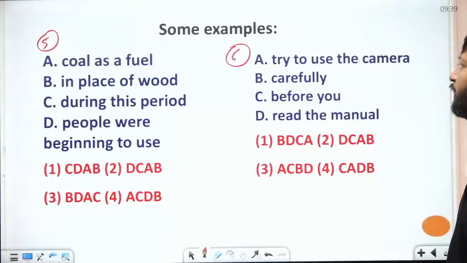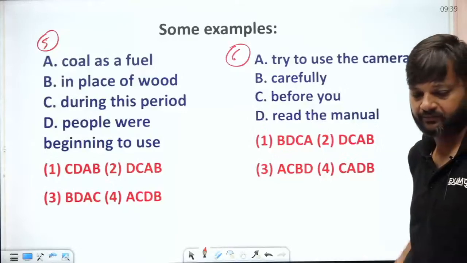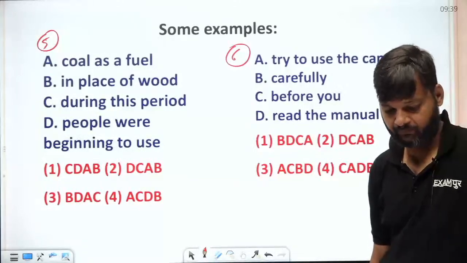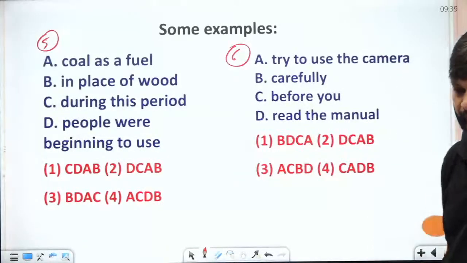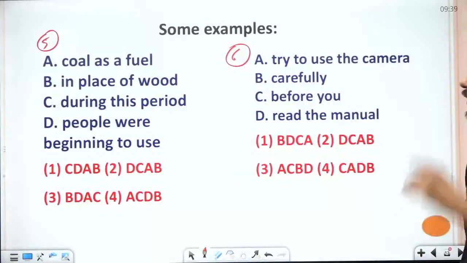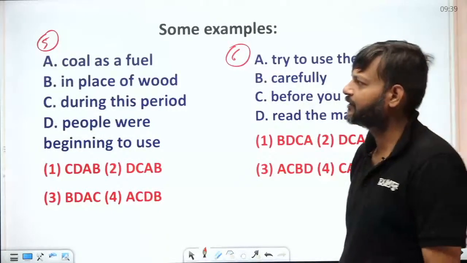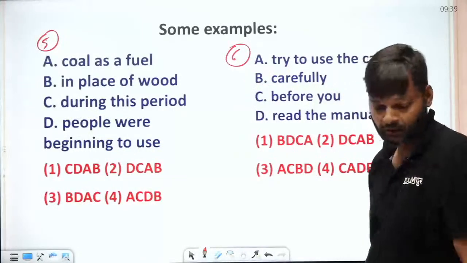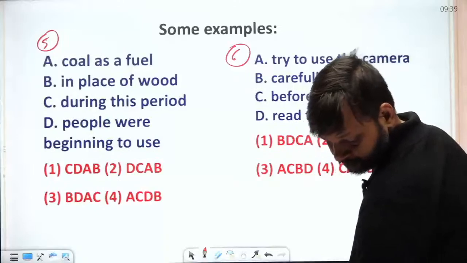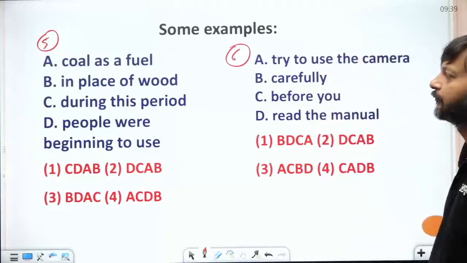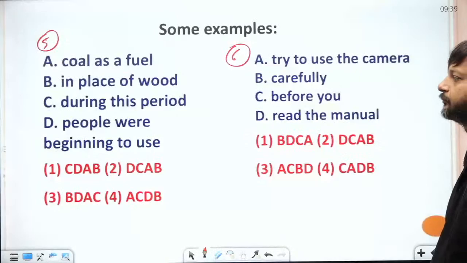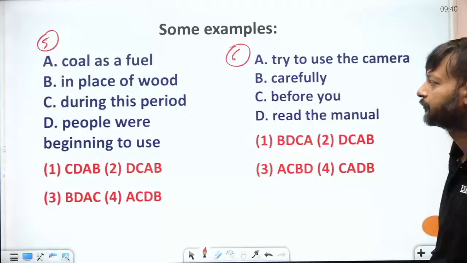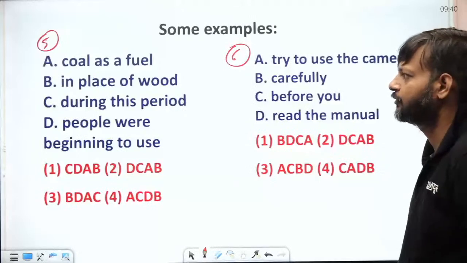Question number 5 and question number 6. A sentence: coal as a fuel in place of wood, during this period people were beginning to use. Solve this one.